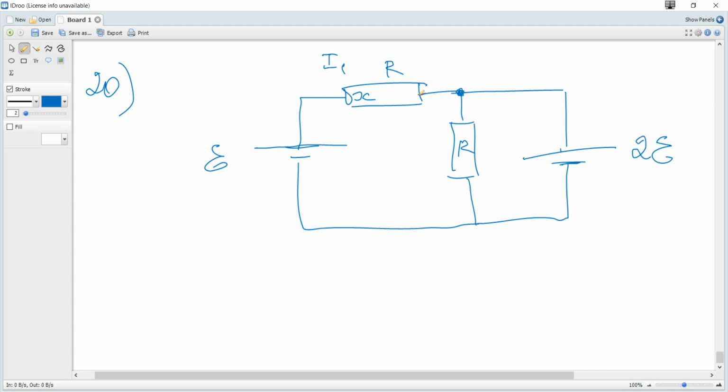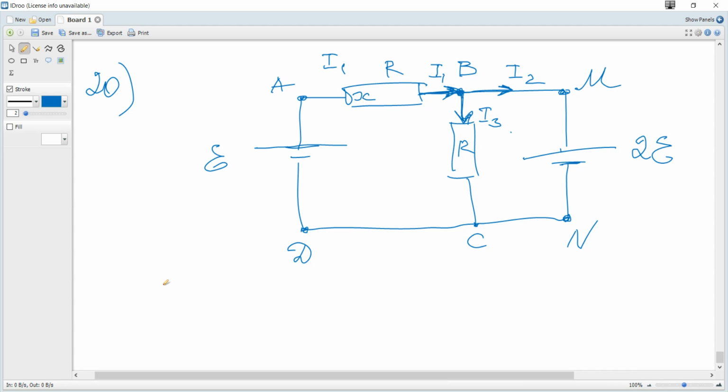Let current through this X be I1, and let's consider junctions A, B, C, D, and let it be M, N. So if we consider point B, let current I1 be current through this branch and through X, hence let current I2 be here out and current I3 be here.